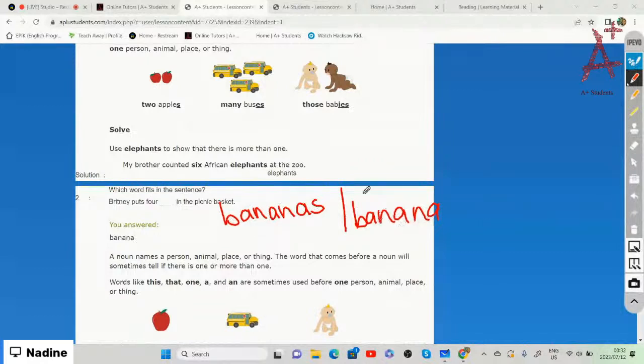Does it refer to one or does it refer to more than one? Especially if we look at the word four, the number four, it basically indicates more than one. So we're going to choose the word bananas. So Brittany puts four bananas in the picnic basket.